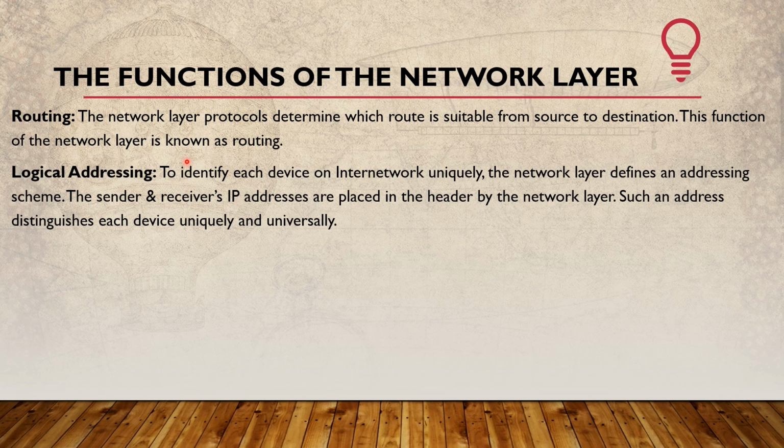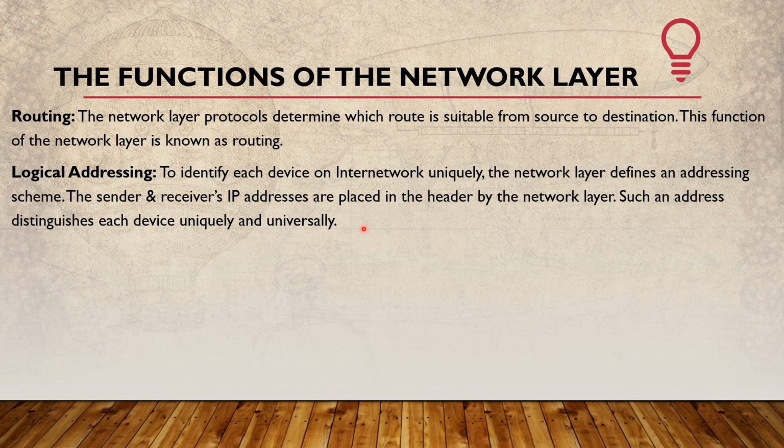Now, logical addressing. To identify each device on the internetwork uniquely, the network layer defines an addressing schema. The sender IP address and receiver IP address are placed in the header by the network layer. For example, if I am sending data, this logical IP address used to communicate from network A to network B should be unique. I can't use the same IP address for the source and destination.